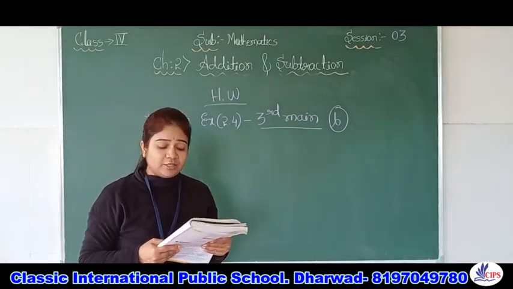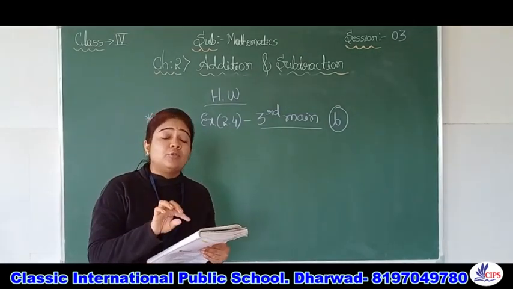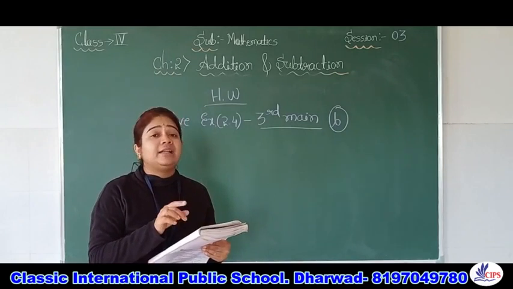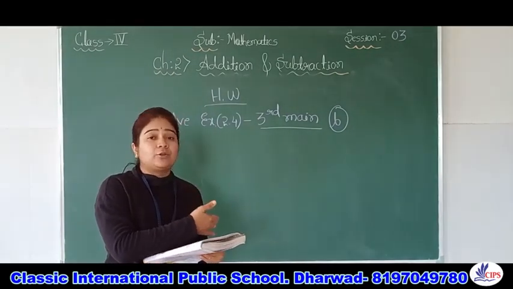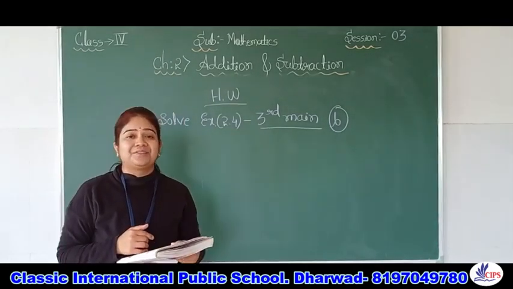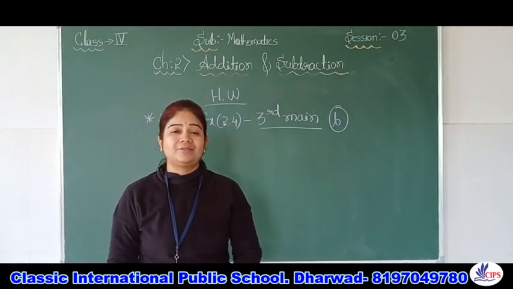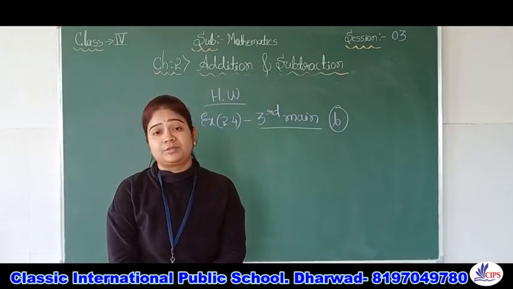So just concentrate only on the two given numbers. First you have to round up those two numbers and find the estimated sum. Similarly, you have to estimate the sum and compare with the actual sum. Hope you can do it. Okay. You have to do this in your homework book.